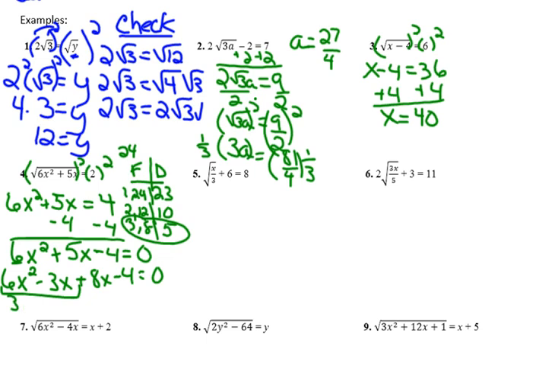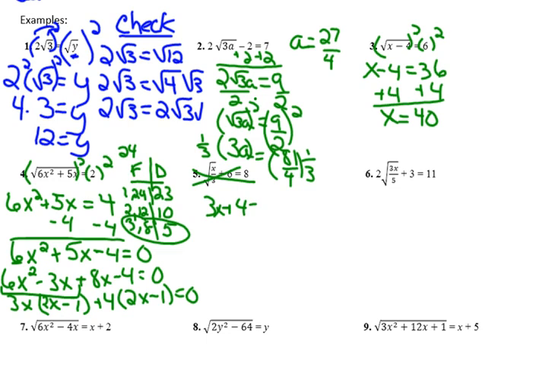I can pull out a 3x, which leaves me with 2x minus 1. I can pull out a 4, which leaves me with 2x minus 1. These match, so my factors, I'm going to end up skipping number 5 because I don't have room.